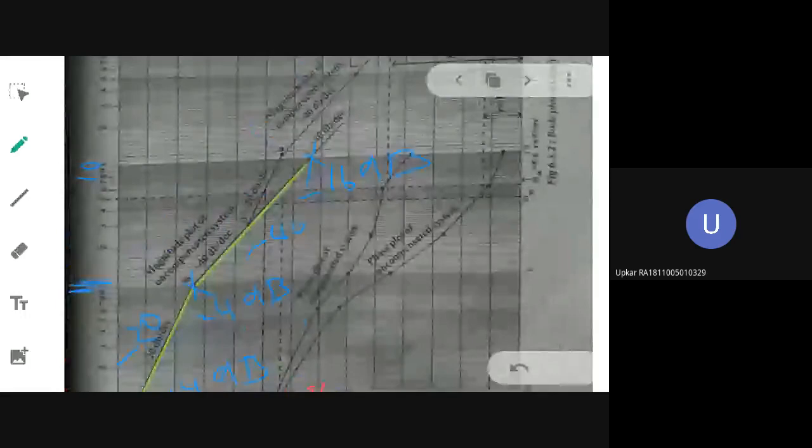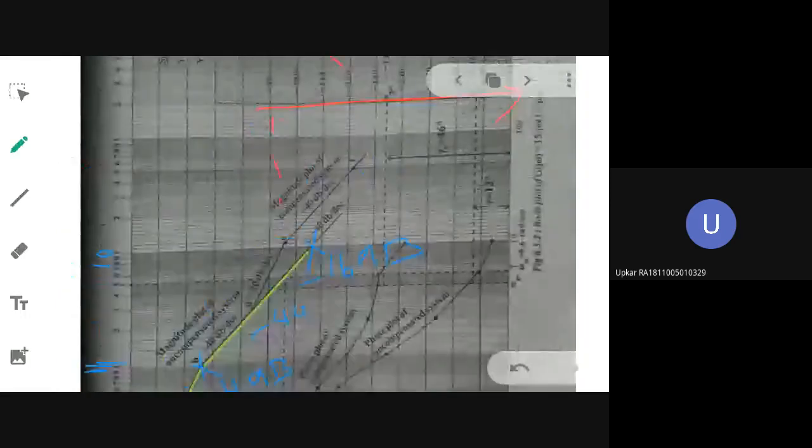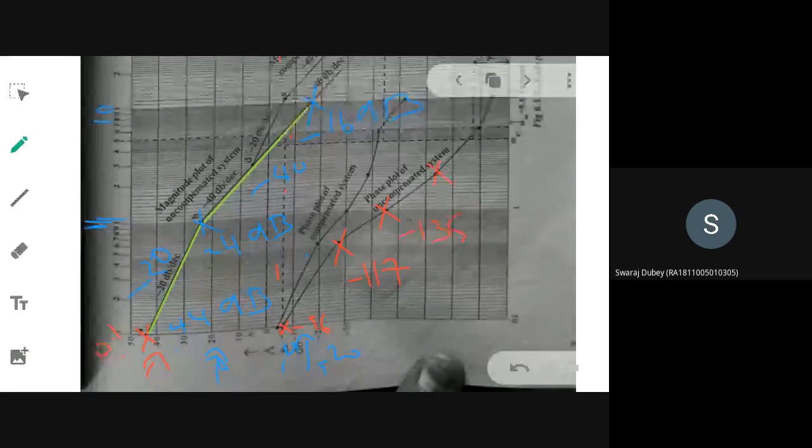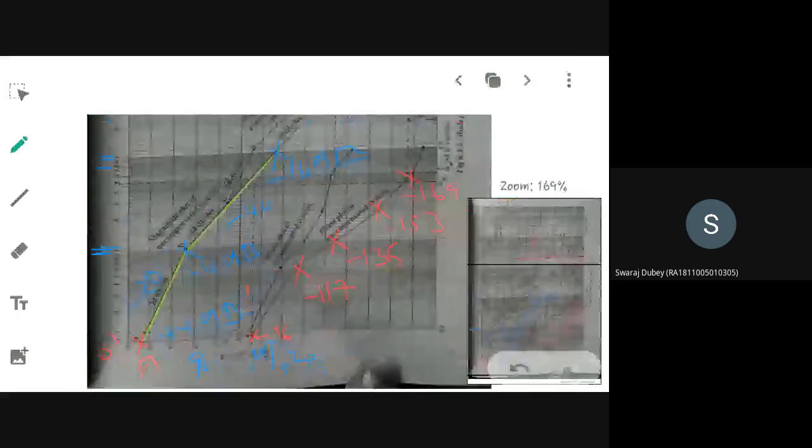Then this point corresponds to minus 117, this point to minus 135 degree, this one minus 153, this one minus 169, and the final point minus 174. Like this you have to plot for different values.